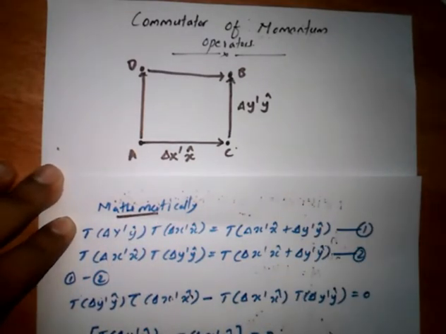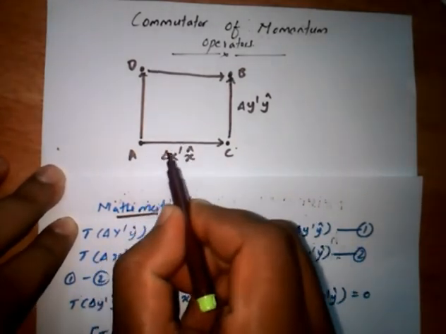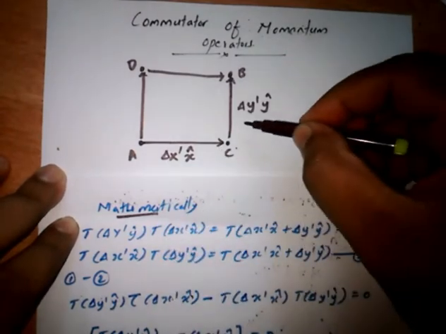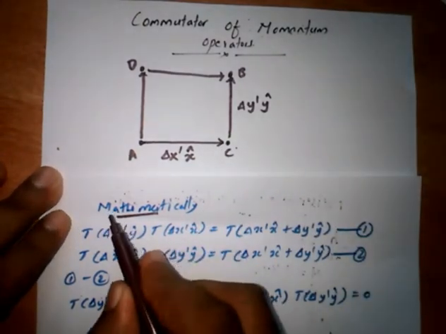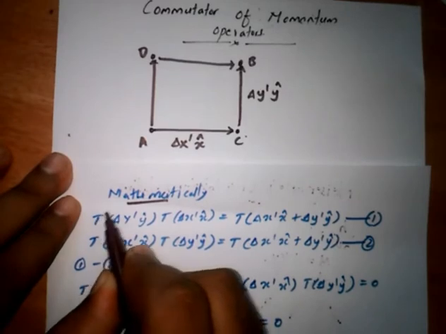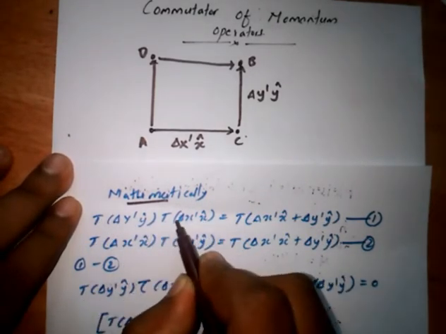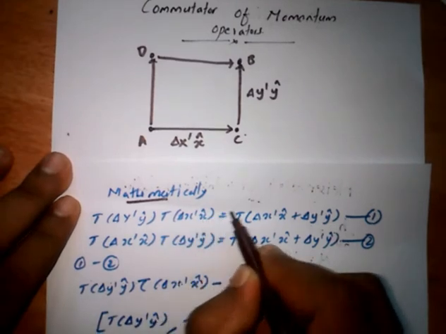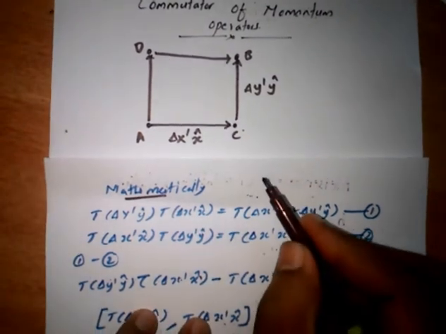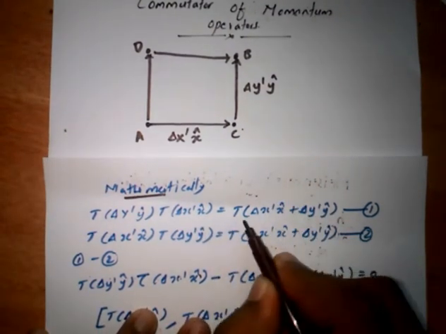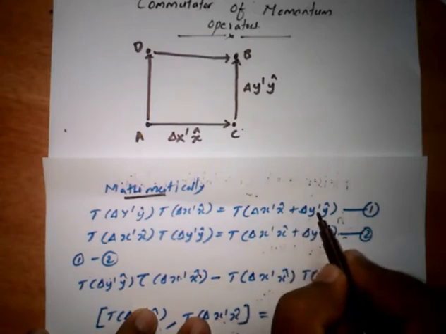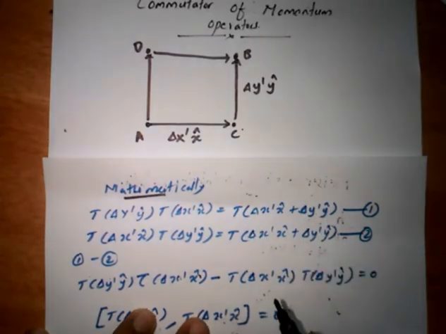Mathematically, if we do this operation first and later this one, we can represent it as T of delta y dash y cap into T of delta x dash x cap, equal to, using the property of the translation operator, T of delta x dash x cap plus delta y dash y cap.